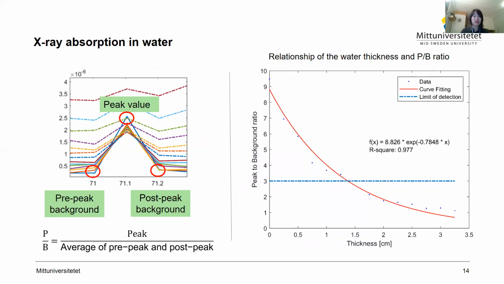We identify that the limit of detection for this system is when the peak-to-background ratio is larger than 3, which means that the characteristic peak of mercury is greater than the random variation in the background. Thus, the detection range is a water thickness below 1.5 centimeters for detecting a 1000 ppm mercury sample.